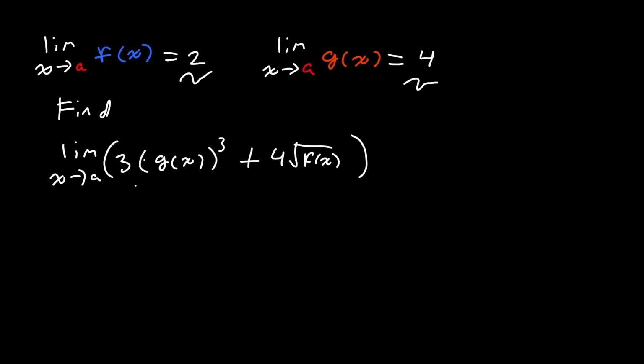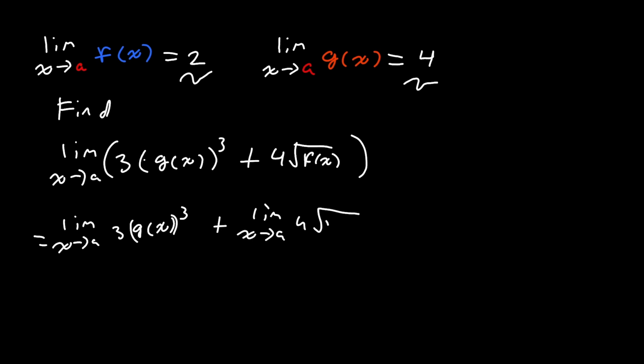So again, we have an addition, so we can separate it. So it will become the limit as x approaches a of 3 times g of x cubed plus the limit as x approaches a of 4 times the square root of f of x.